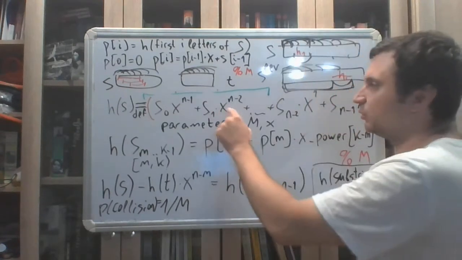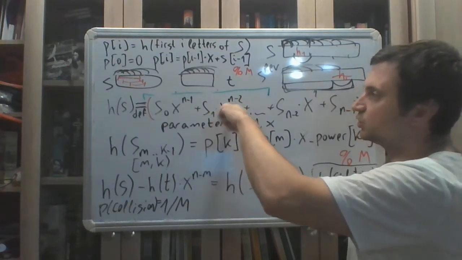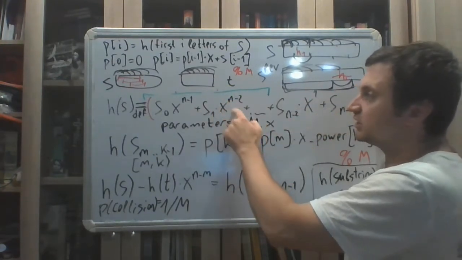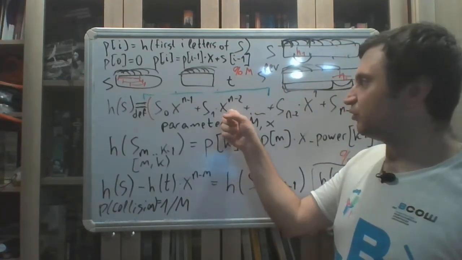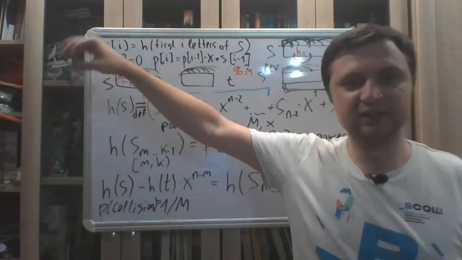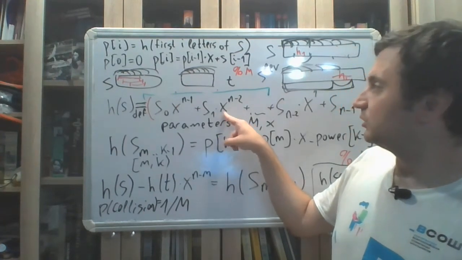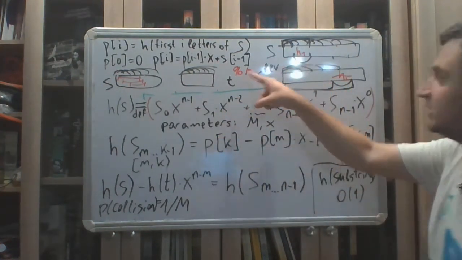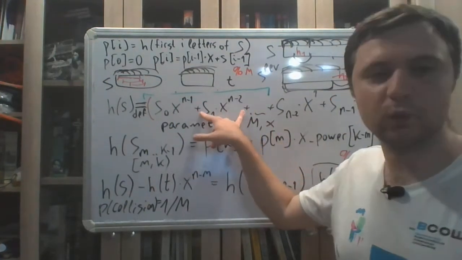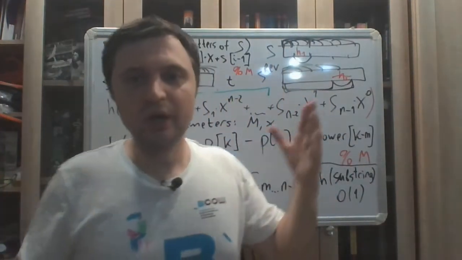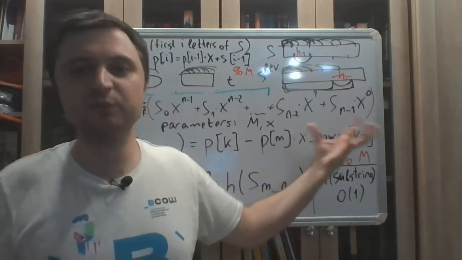Then think about these x powers. At some point, x to the large power becomes simply divisible by m. So if you take a character from the left part of the long string, then this is 2 to the large power, and it's simply divisible by m. So in this world taken modulo m, this will be a 0. And so the hash function of your string will only depend on the rightmost letters.